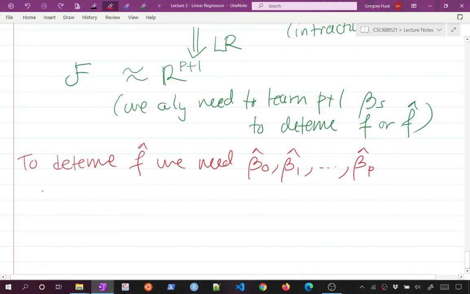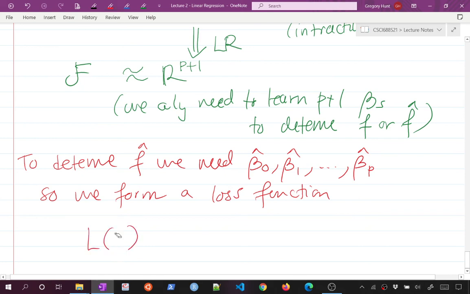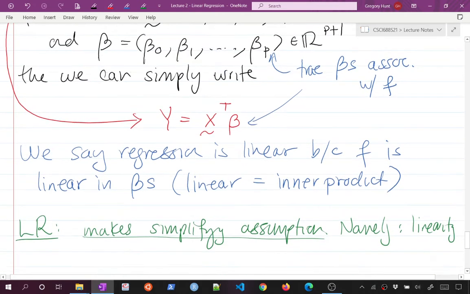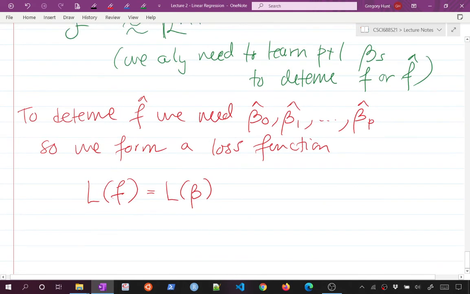So in linear regression, typically what we do is we form a loss function, where previously we had talked about how a loss function operates on some candidate function f. But now, determining f is equivalent to determining my vector beta. So beta was my vector of coefficients. And so we can equivalently think about this loss function as a function of beta. So we're going to form our loss function.